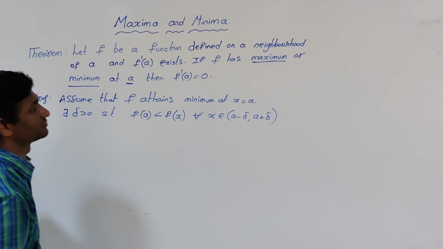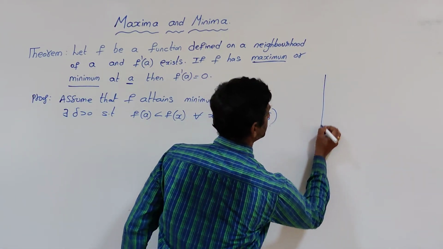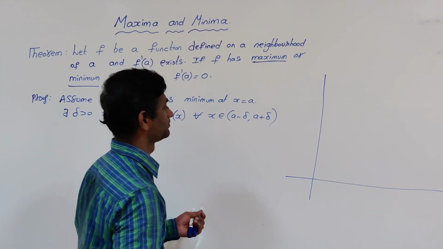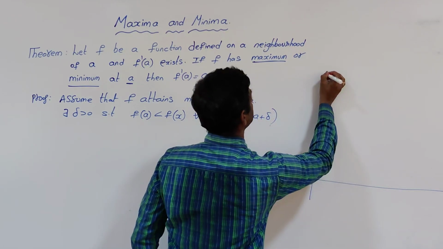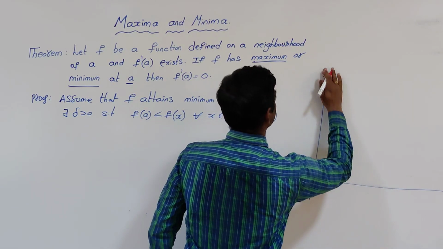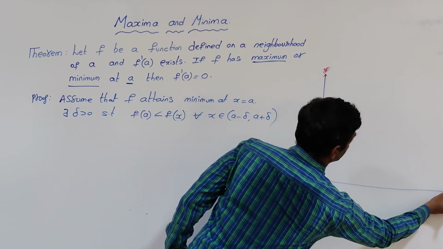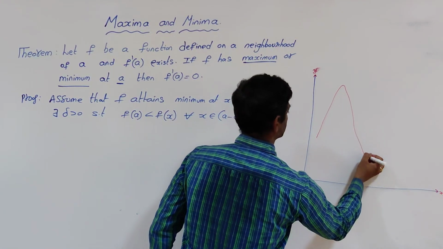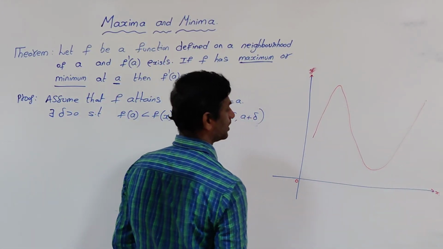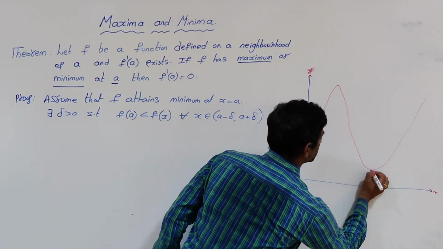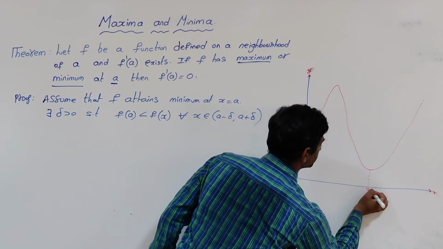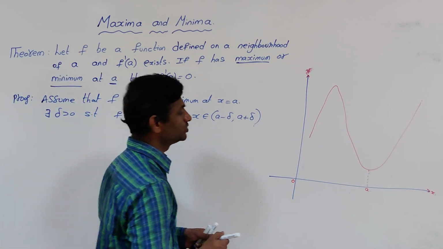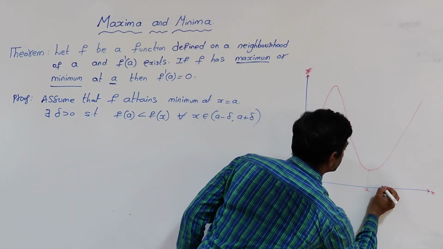Now we will see. So this is a curve. Let us take the origin O, the x axis and the y axis. Now assume that this is A, and let us choose a small interval with some delta distance.